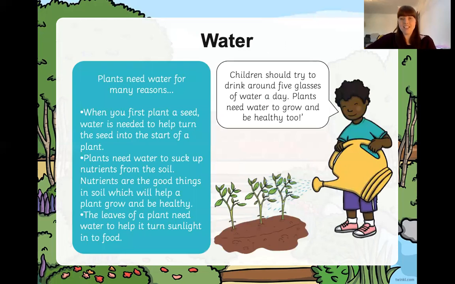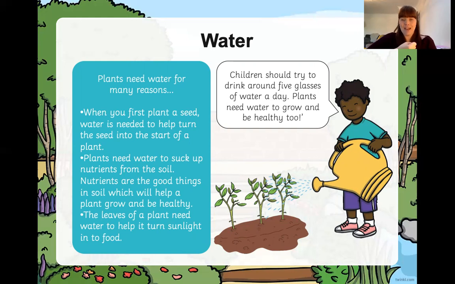So water. Plants need water for lots of different reasons. So like we did when we first planted our seed, we needed to add water to help the seed start to grow. And then, like we learned about the roots and the stem, the plant needs the water to suck up the nutrients from the soil. And nutrients are really good things in the soil, which will help the plant get nice and healthy.